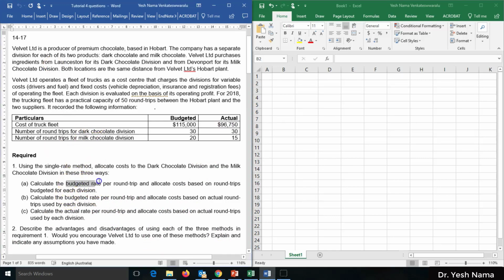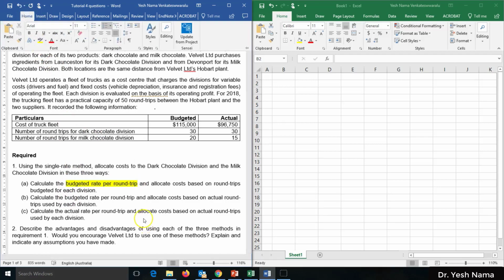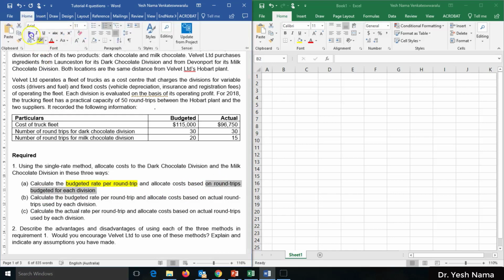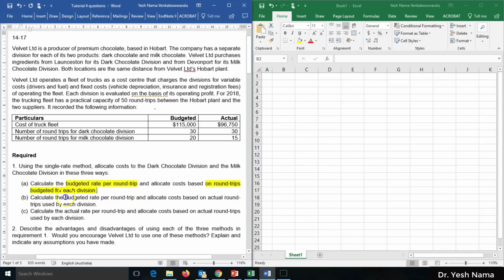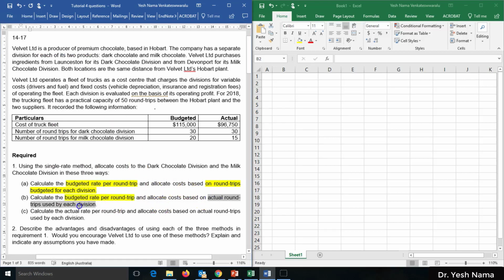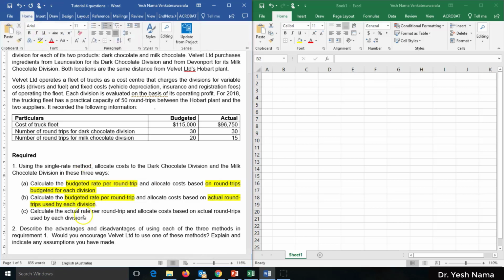Okay, so if we look at the requirements, what we need to figure out to answer this question is the budgeted rate per round trip. Round trips budgeted for each division is given in the question for us. Here again, we need the budgeted rate per round trip, which we will calculate as part of part A. Actual round trips used by each division is given to us in the question.